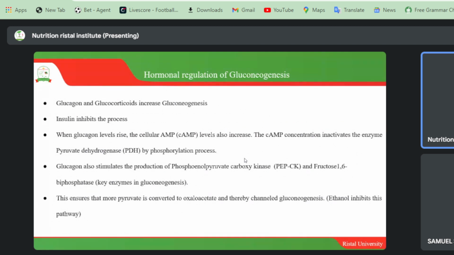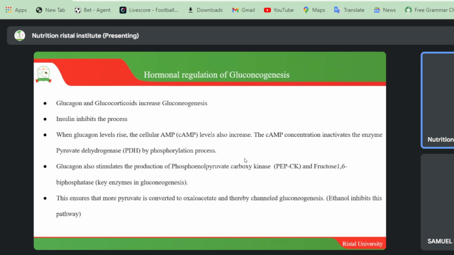Meaning, in the presence of glucagon and glucocorticoids, the process of gluconeogenesis is increased, or there's a speed-up in its process. There's a faster reaction in the process. Then insulin, which is an antagonist to glucagon, inhibits this process.